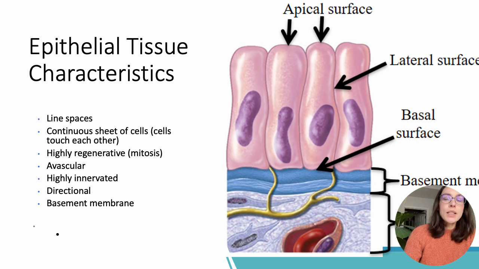And the cells have directionality. I'll talk a little bit more about the directionality, but it means basically that there is a top surface called the apical surface. Think apex predator, the predator at the top of the food chain. So think of top, right? Apical surface. This is the surface that is facing whatever space that tissue is lining.